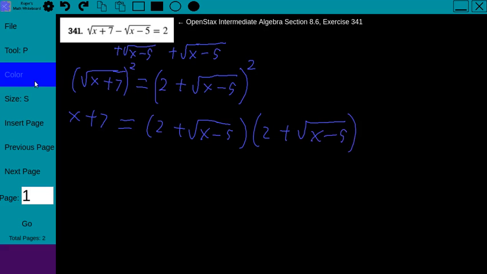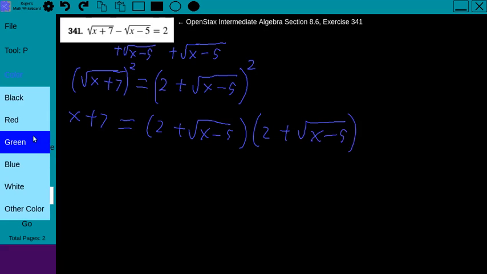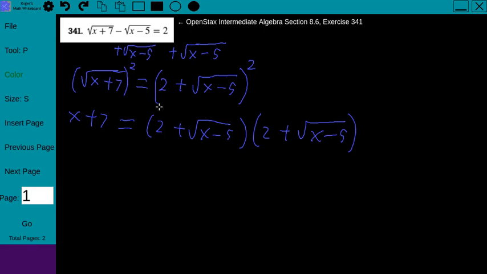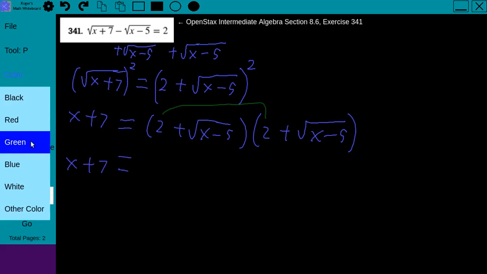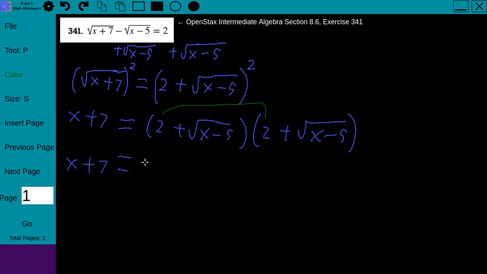Let me use a slightly different color here. I will use green for now. Now we're going to FOIL. So we're going to have first times first: 2 times 2 is 4. 2 times this is plus 2 root x minus 5.